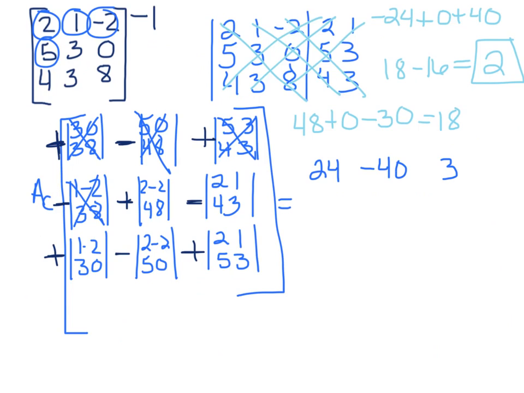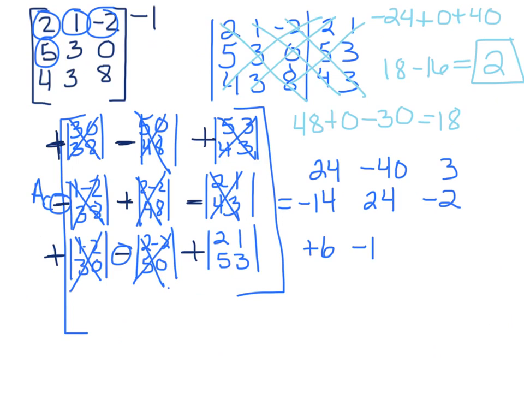We have 8 minus negative 6 is 14, but there's a minus in front of it, so negative 14. 16 minus negative 8 would be 24. 6 minus 4 is 2, and there's a negative in front of it. 0 minus 6 is negative 6. Minus negative 6, it's positive 6. 0 minus negative 10 is 10, with the minus in front of it makes that one negative 10. 6 minus 5 is 1. So that's our A sub C.